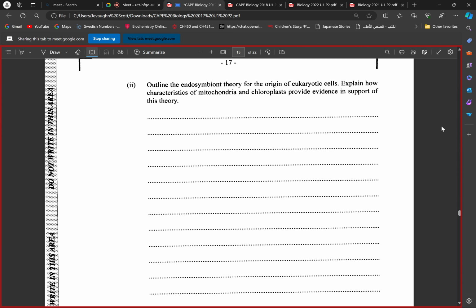But somewhere along the way, endocytosis occurred, and one prokaryote decided to keep the other smaller prokaryote within itself because it was more advantageous than to actually lyse and destroy that other prokaryote, right? So we're saying that eukaryotic cells have emerged from those primordial prokaryotes that would have consumed other prokaryotes and kept them within themselves, right?